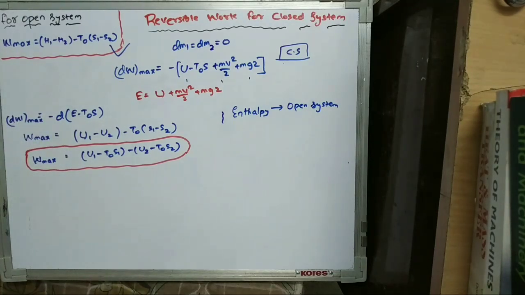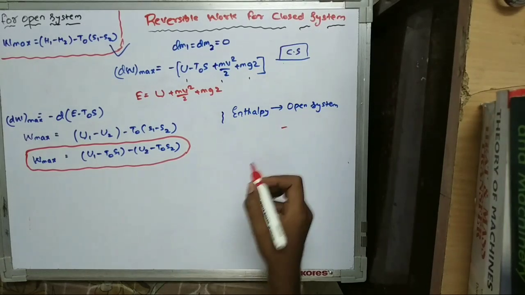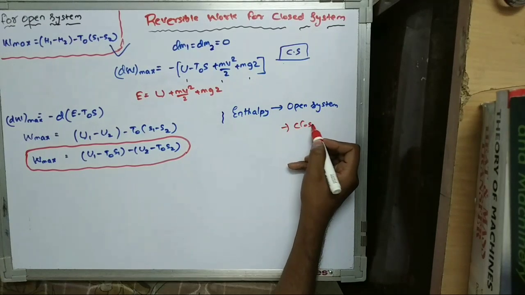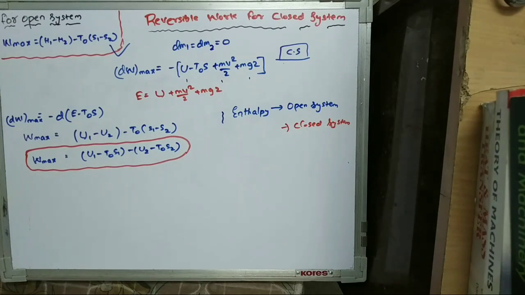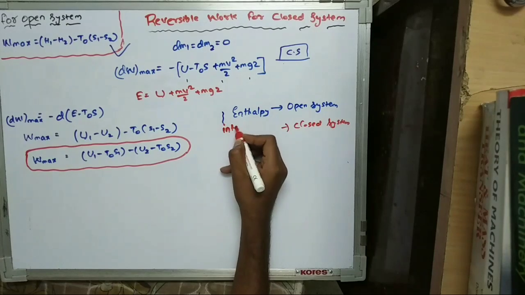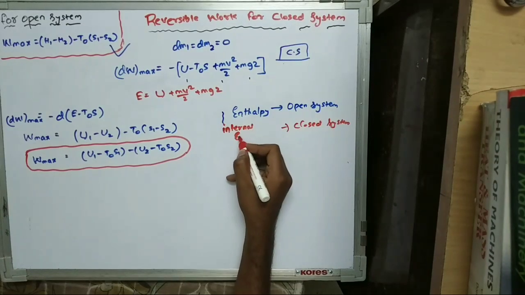When there is a closed system, we apply this formula, because for a closed system the only energy that comes into the picture is the internal energy.